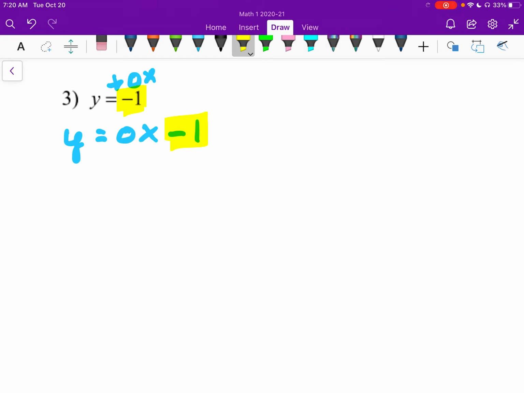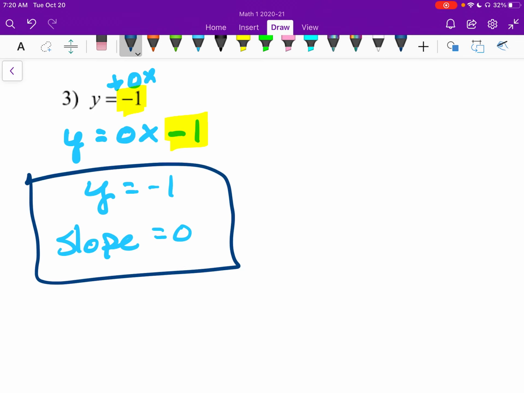So we can kind of see that really y equals negative 1, that is slope-intercept form. And we saw that our slope, well, that's what's right in front of our x, and what's right in front of our x is 0. So this is actually going to be our answer there. Now it's kind of tricky, kind of different. We can also see that y equals negative 1 is going to be a horizontal line, right?